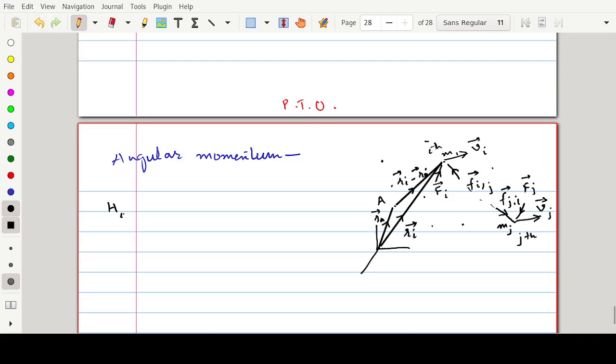So angular momentum of i with respect to point A is cross product of Ri minus Ra, the relative position vector of ith particle with respect to A, cross m vi. Great.